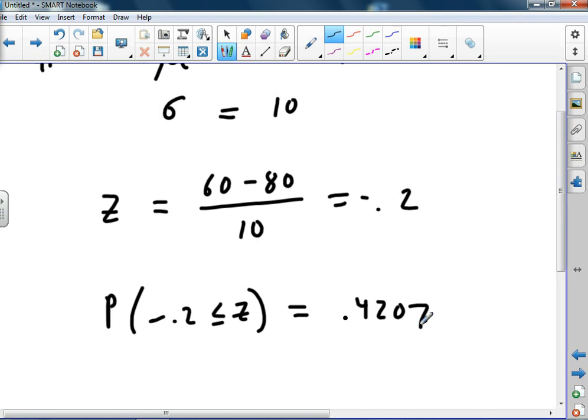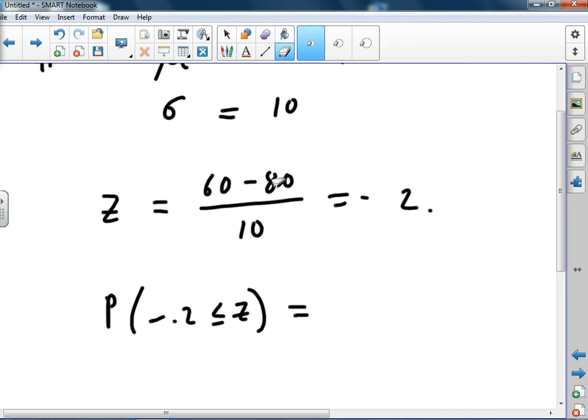If I could do the math right. Someone was telling me I was wrong, right? So it's minus 2, not 0.2. It's 20 divided by 10. All right, so minus 2. 0.0228.